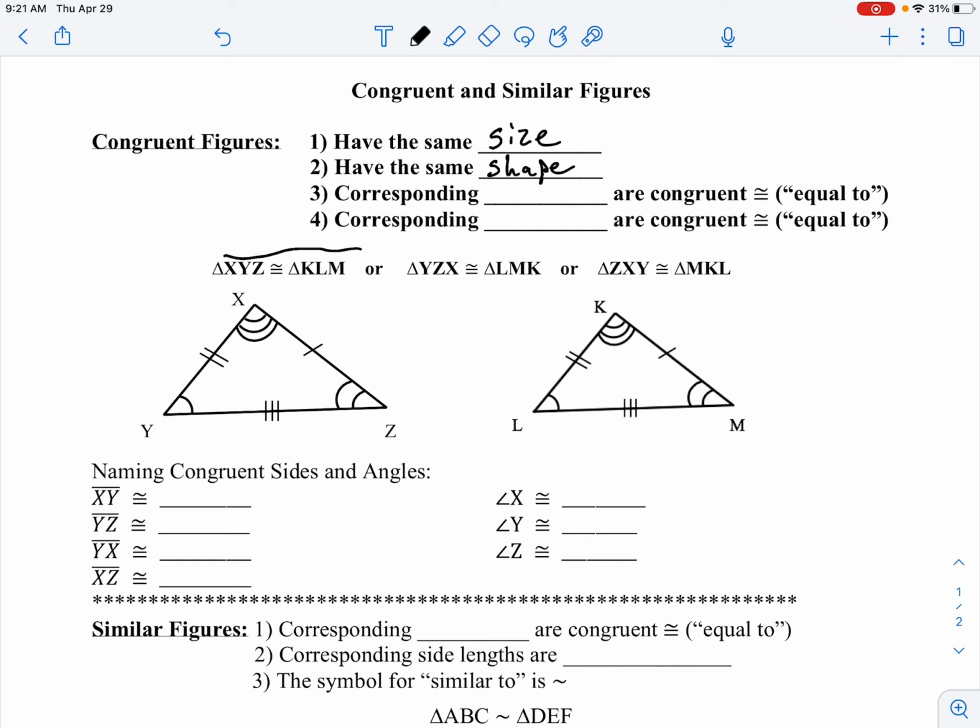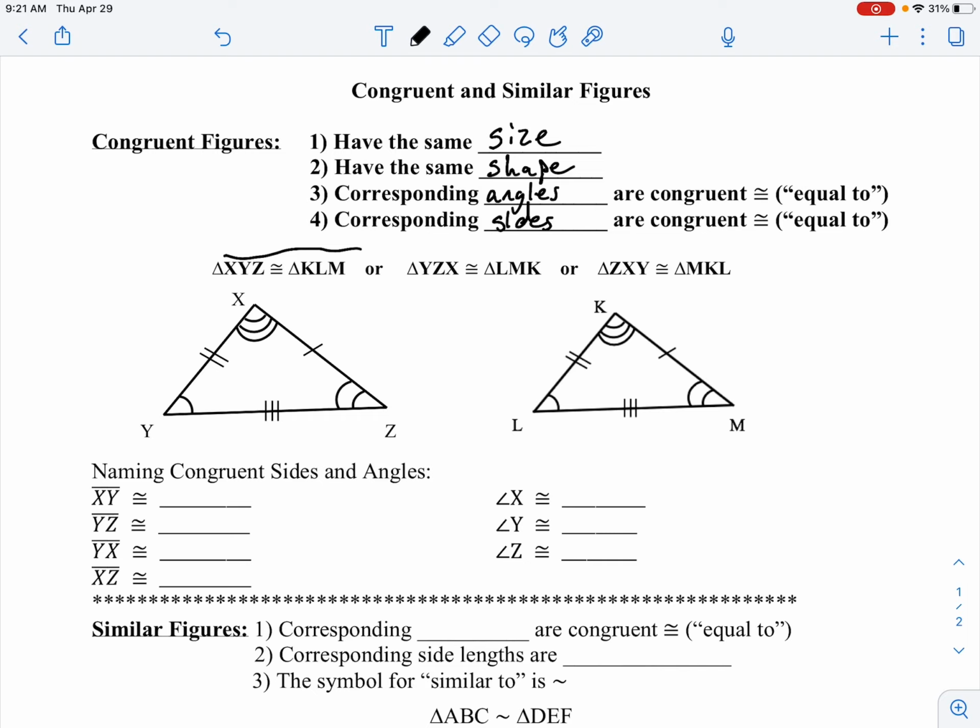So with congruent shapes, corresponding angles are congruent, or the same, obviously, if they're the same shape, and corresponding sides are congruent, so the same size sides.